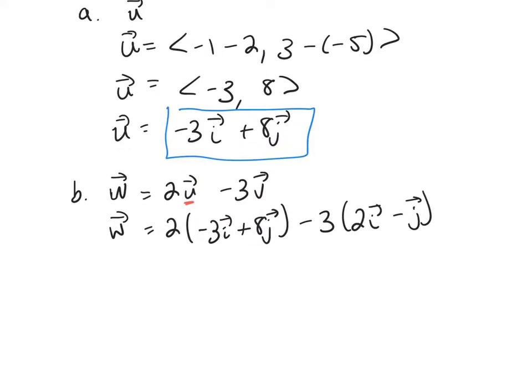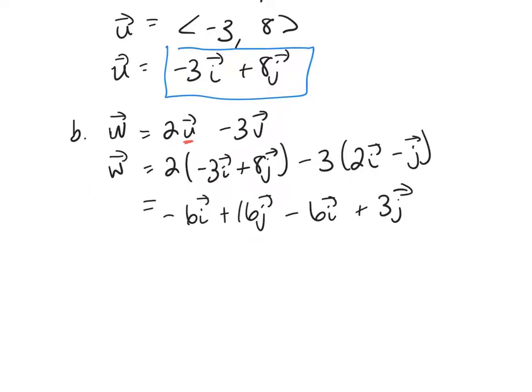Now when you do the scalar multiplication, you just distribute the 2 over to each part, and then distribute the negative 3, so it'll be minus 6i plus 3j. Then you just have to group up the like terms together.